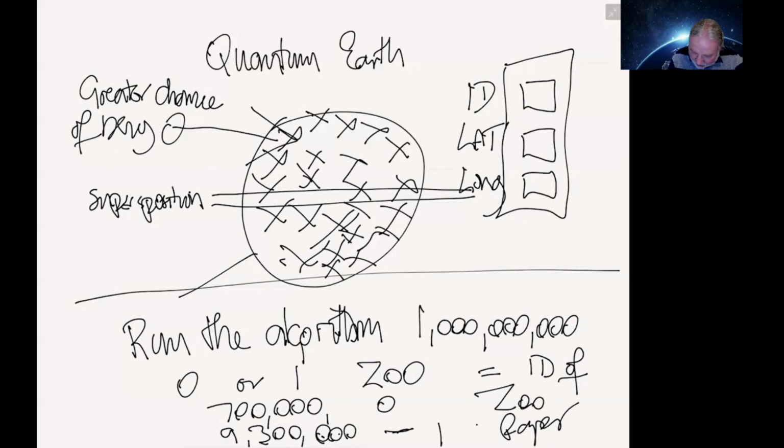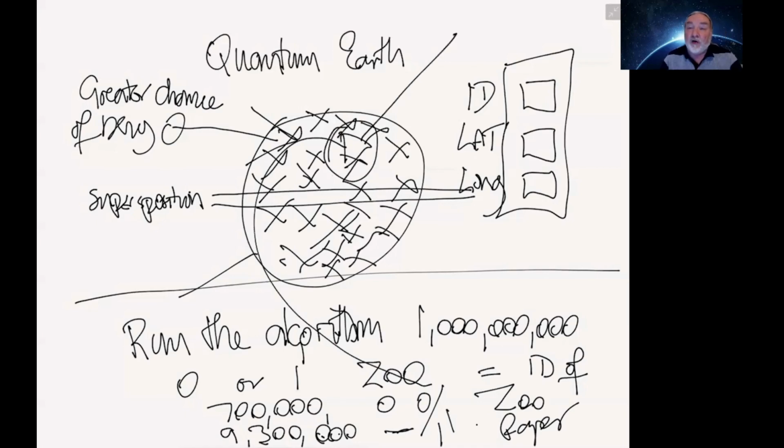That percentage between the 0s and 1s will bring us back to a zoo paper. In the real world, we work out which quantum state equals the probability that we've ended up with, and that ID will then be the answer.